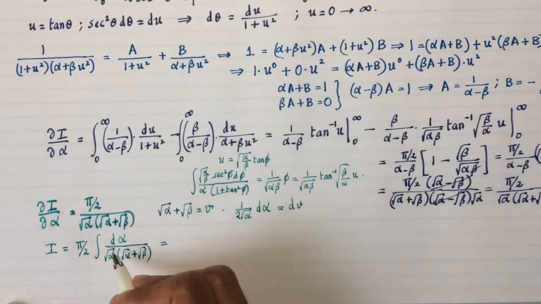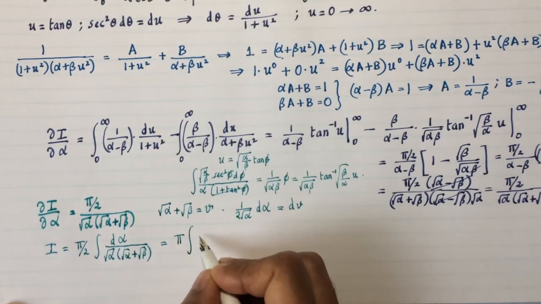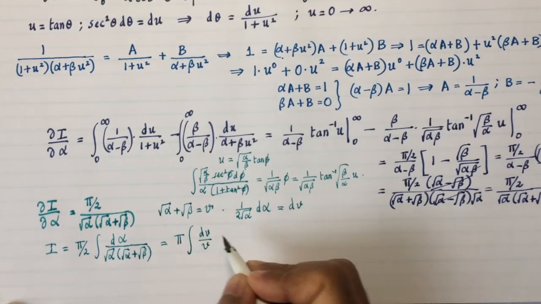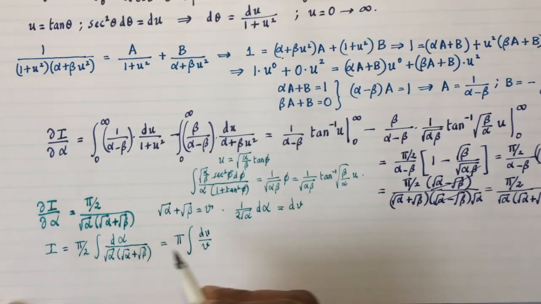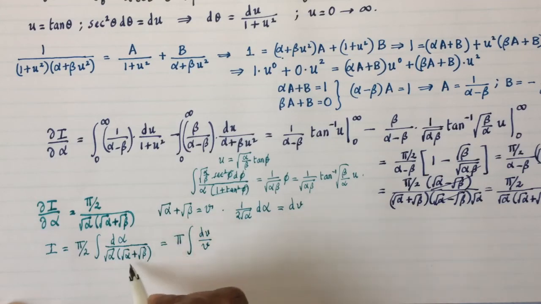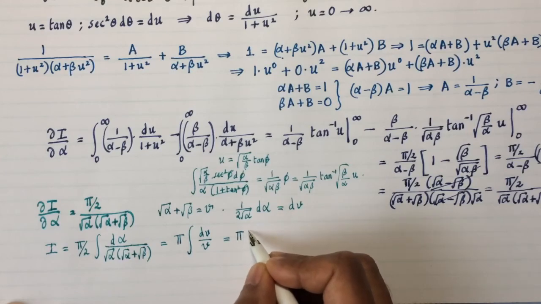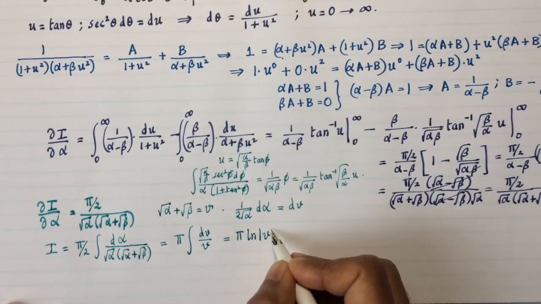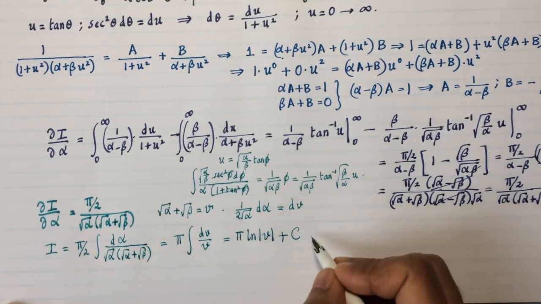So in a sense it's already made for each other, and I end up getting pi times integral dv over v. You see, because dv has got d alpha over 2 root alpha, which is already here, and then v is just that factor root alpha plus root beta. Well, that's just a natural log, so it's pi times the natural log of v. But be careful, we have to add a plus c because this is an indefinite integral.